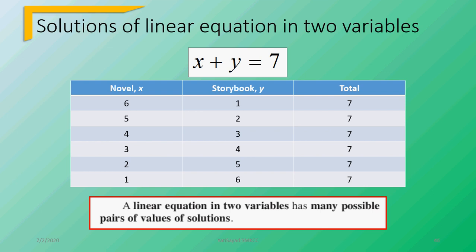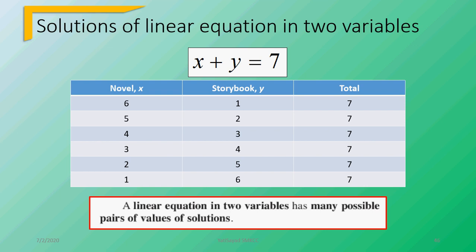If x is 4, y will be 3. If x is 3, y is 4. And if x is 2, y is 5. As well as if x is 1, your y is supposed to be 6, to get the value of 7. So in this equation, x plus y equals 7, there are 6 possible pairs of solutions.